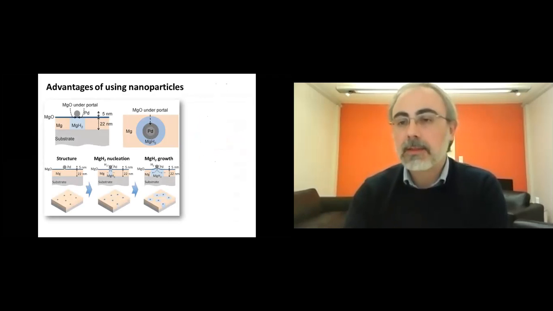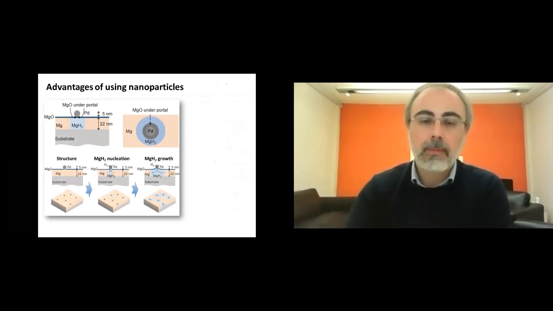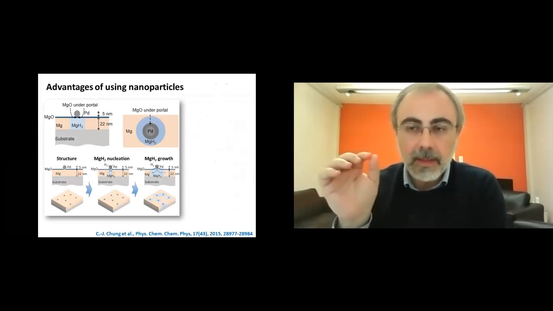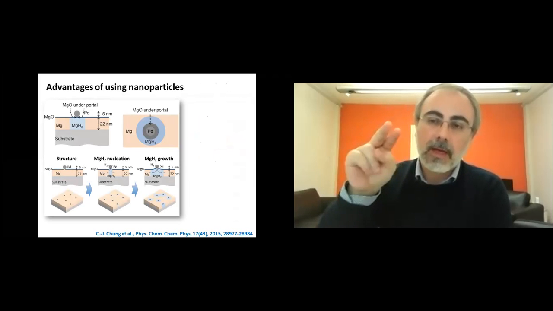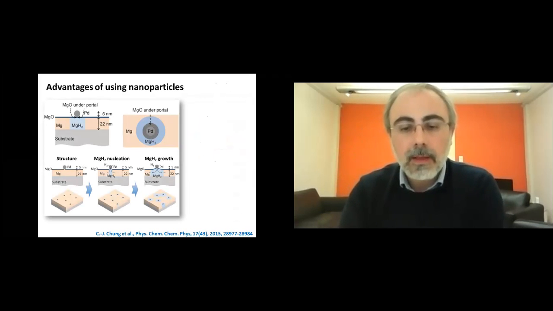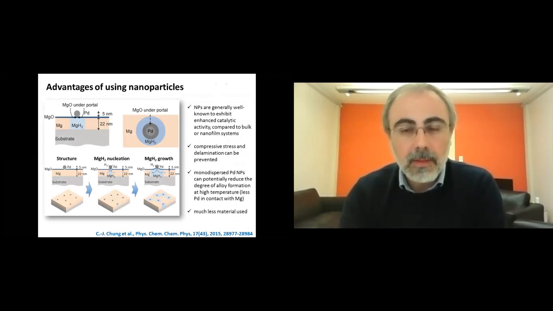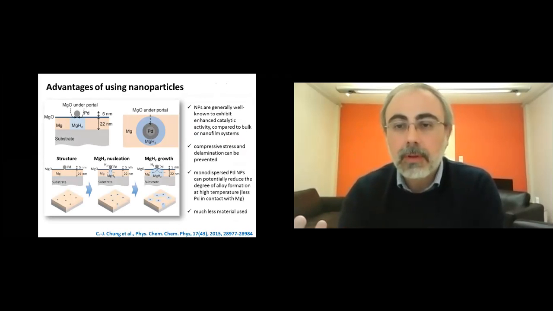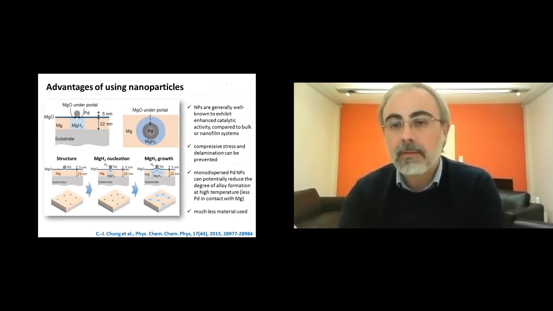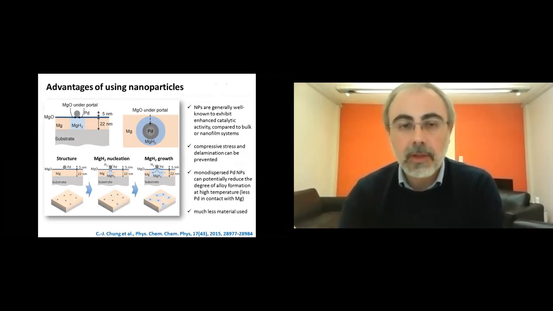So a few years ago, Bruce Clemens' group at Stanford University suggested using palladium nanoparticles instead of a full palladium film, to assist the catalytic splitting of the hydrogen molecule into atoms. And the advantages are numerous. For example, palladium clusters are more catalytically active than palladium film because of the small volume, the high surface to volume ratio.